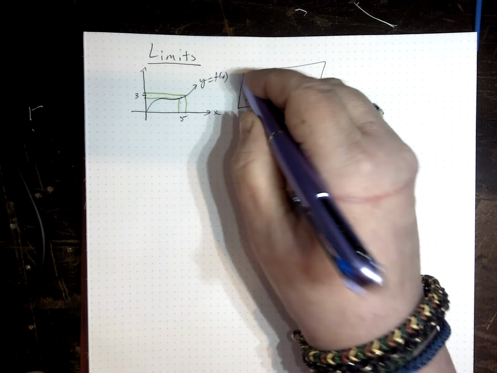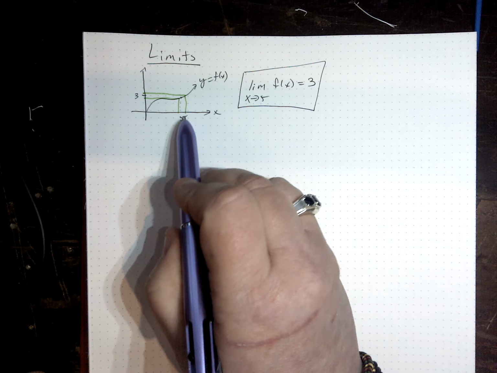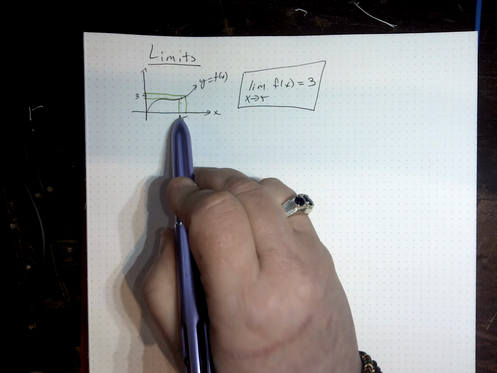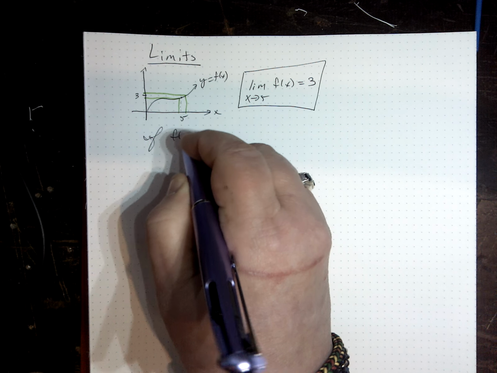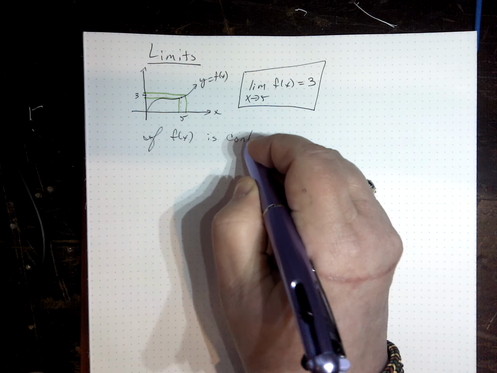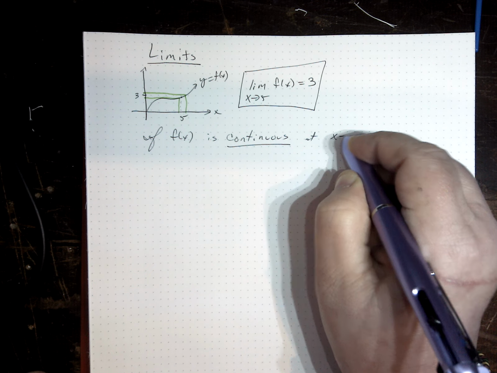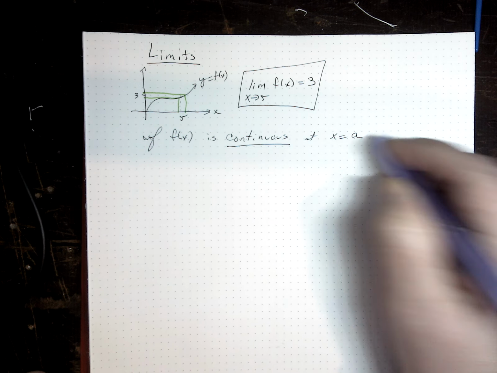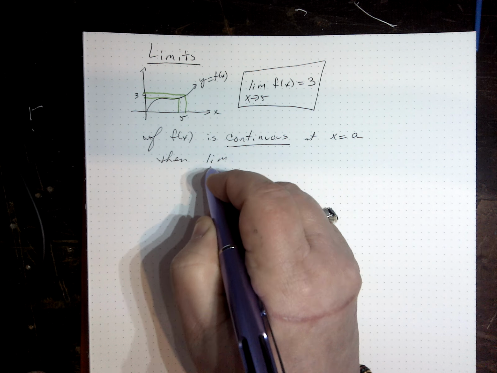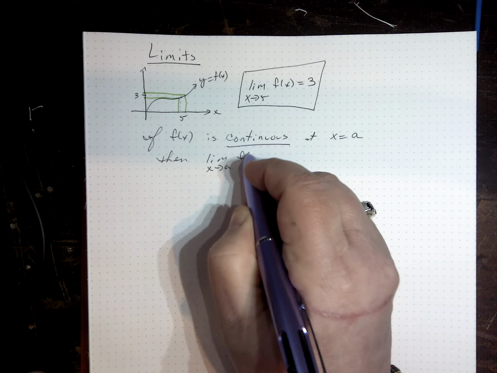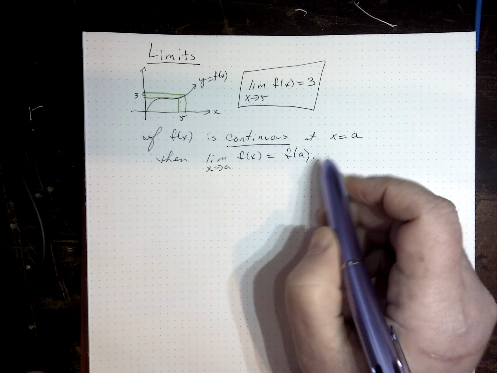Now, if my function is nice and continuous, then the value of the function will equal the limit. So let me write that out. If f of x is continuous at x equals, let's just be generic and call it a, then the limit as x approaches a of your function is equal to actually what f of a is, which means I can plug it in.